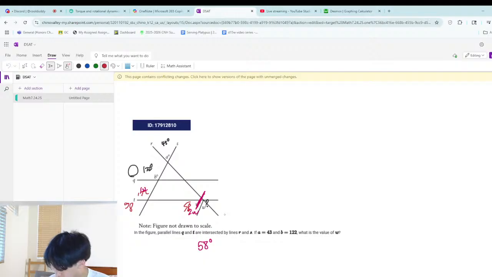Maybe we should use that additional angle up top. Let's see. Dylan, do you see anything wrong here?